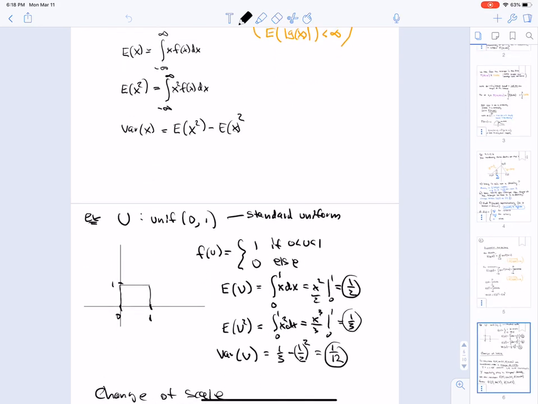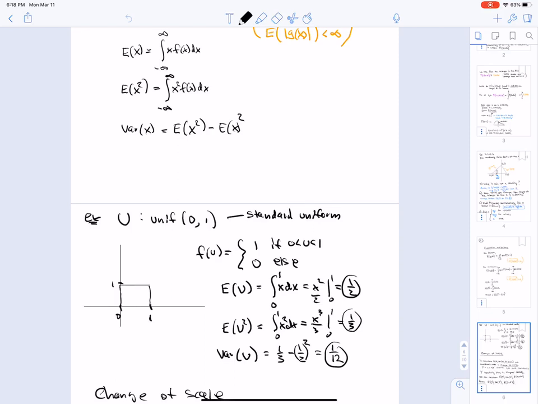So, for the standard uniform, this has density that looks like a square, and the expectation of u here is 1/2, as makes sense in this picture, and the expectation of u squared, that's the integral from 0 to 1 of x squared dx, because again the density is 1, so that's 1/3, and the variance is 1/3 minus 1/4, which is 1/12.